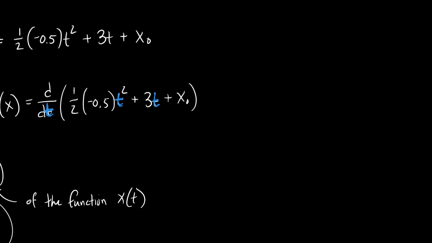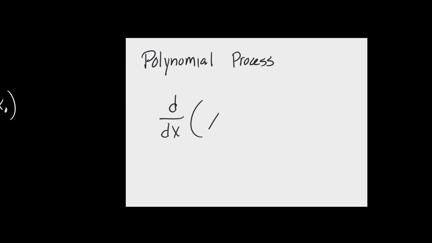You're taking the derivative with respect to that functional variable. I'm saying it this way because the polynomial process looks something like this. I'm taking the derivative of a polynomial, x to the n power.